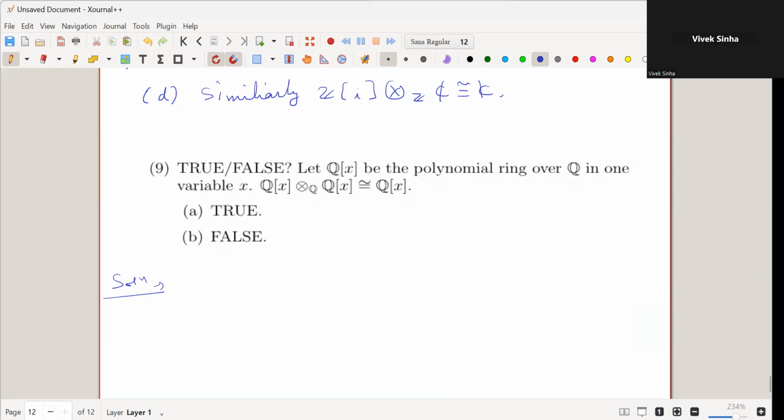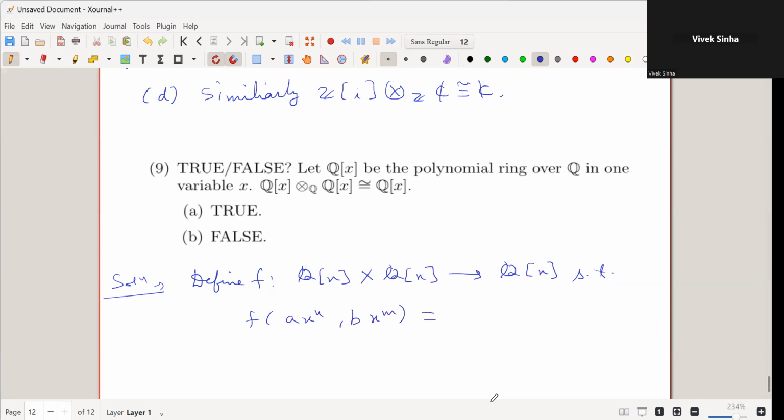The map is: define f from Q[x] cross Q[x] to Q[x] such that f of ax^n, bx^m is ab x^(n+m), and this is for single terms.